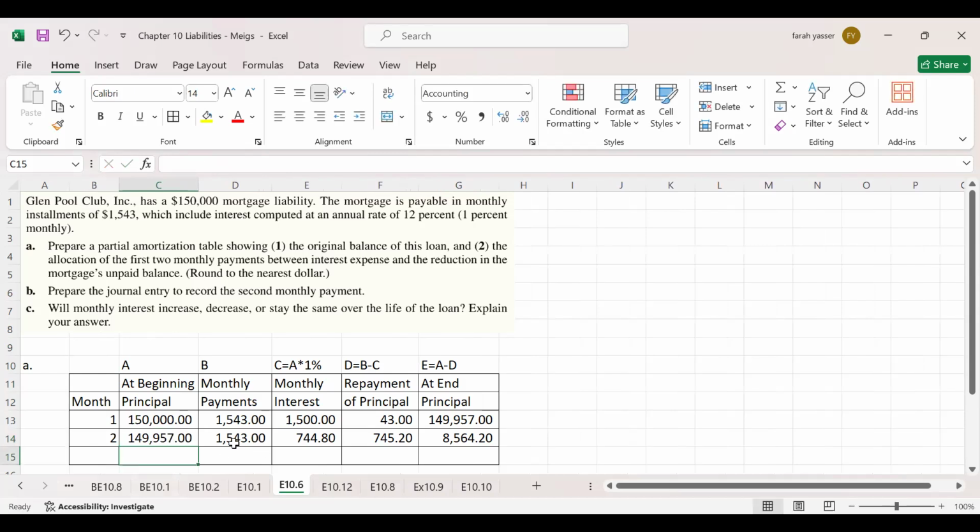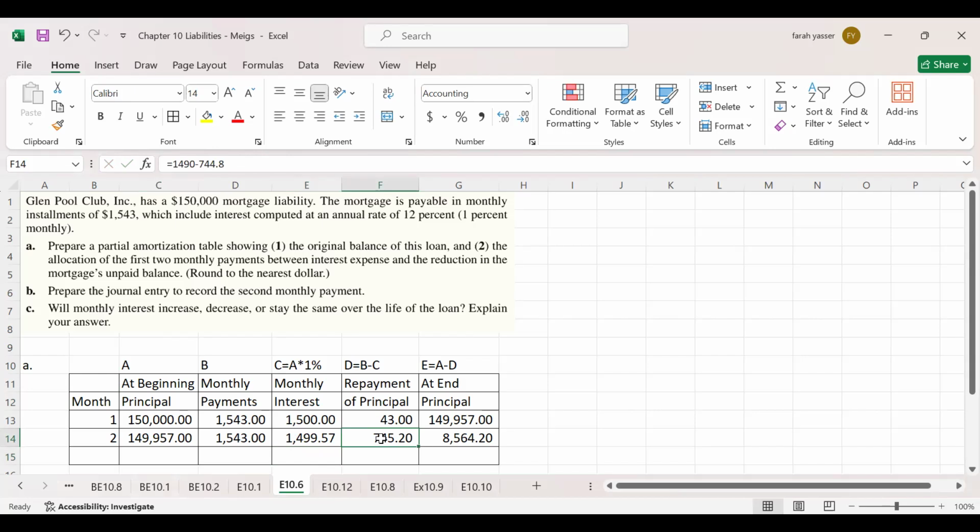The monthly installment is the same, and we are going to calculate the interest expense. 149,957 multiplied by 1% is 1499.57, so it is almost the same, around $43 for the repayment of principal.